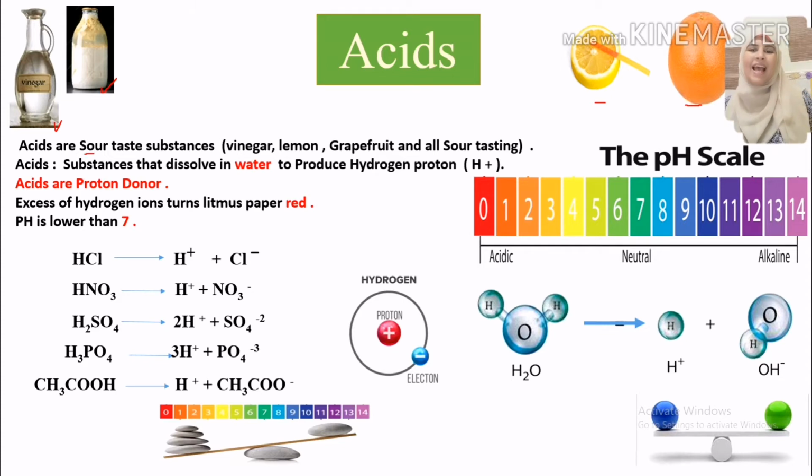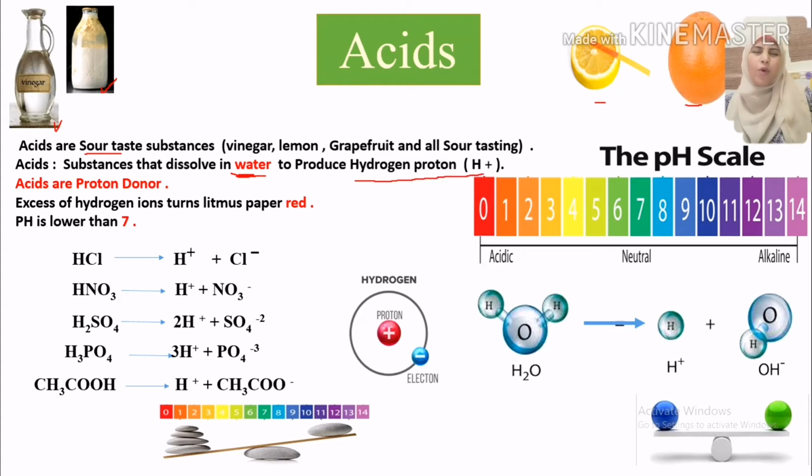We have a specific taste for these compounds. All of these compounds are known as acidic. Acidic compounds can dissolve in water. Take care, it must dissolve in water. Acids do not work in organic solvents, so it must dissolve in water to produce hydrogen proton.